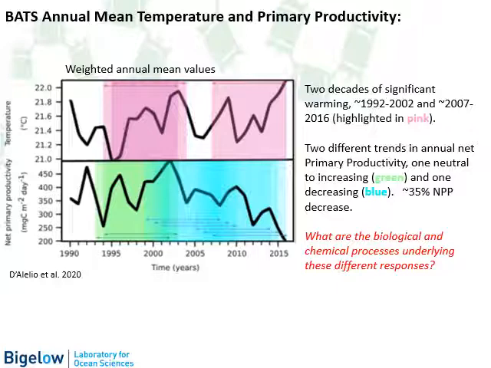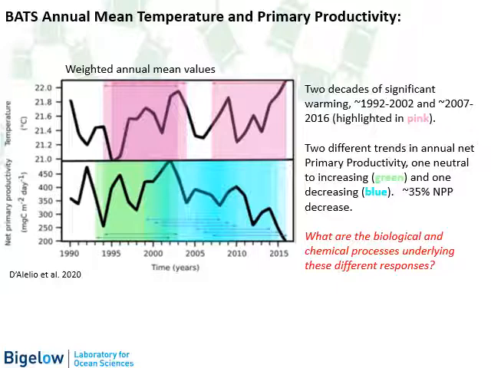When we look at net primary production, in that same 1990s time frame, we see a positive increase. But in the 2010s, we see a significant decline in net primary production. This decline in the 2010s is about a 35% reduction.